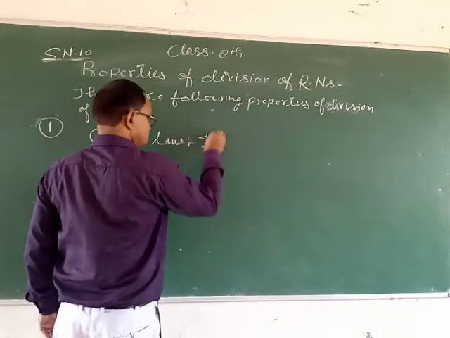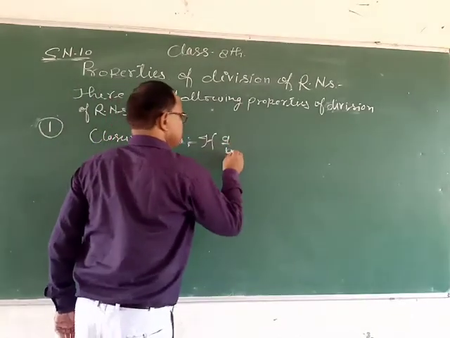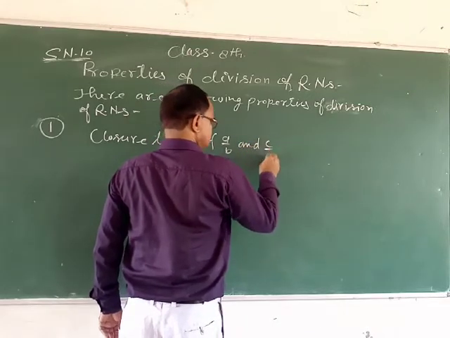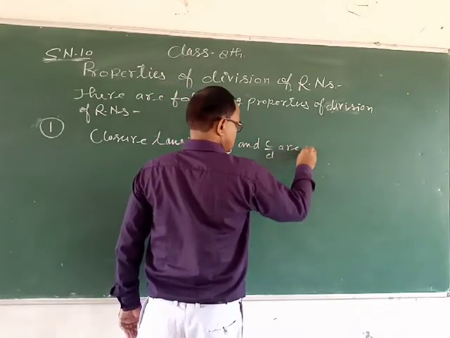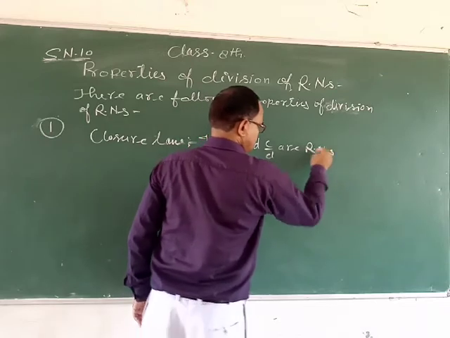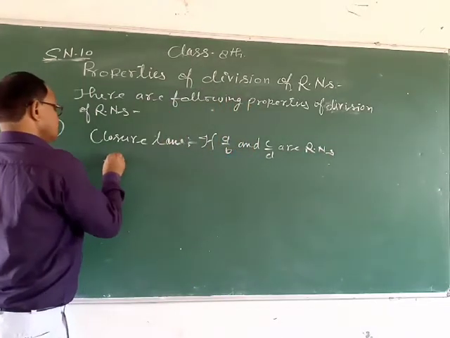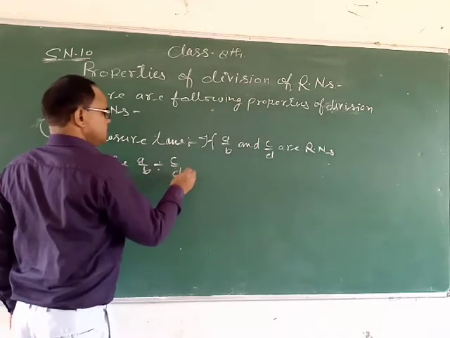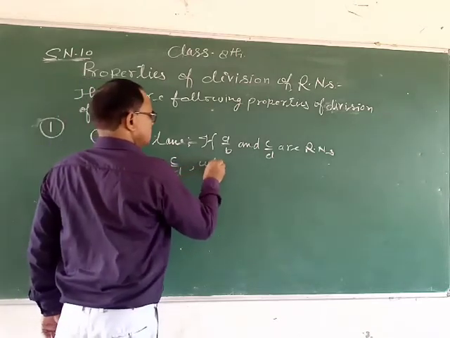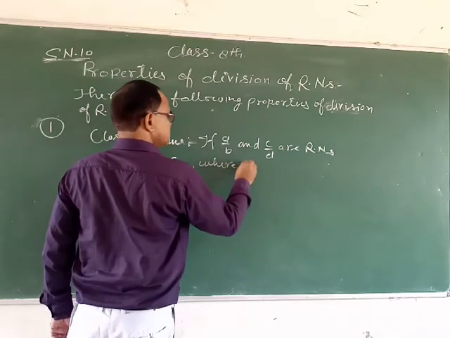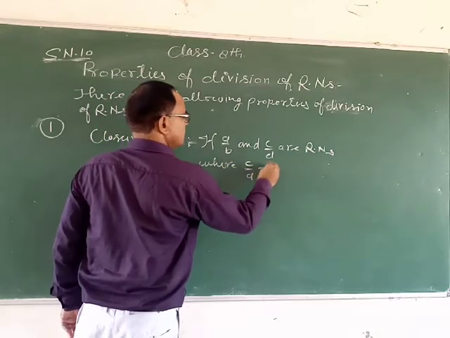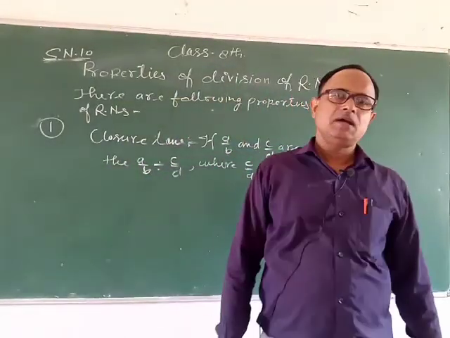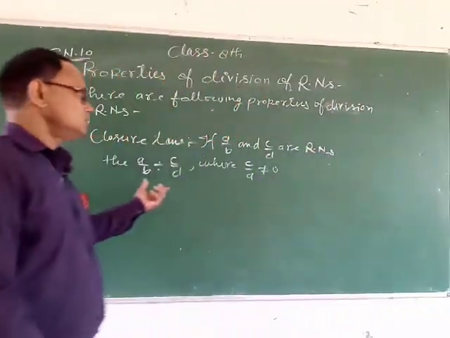Here, if a/b and c/d are rational numbers, then a/b divided by c/d, where c/d is not equal to 0. The value of c/d is never 0.